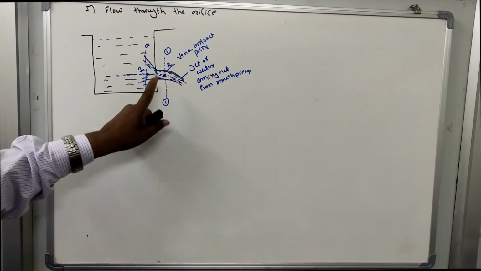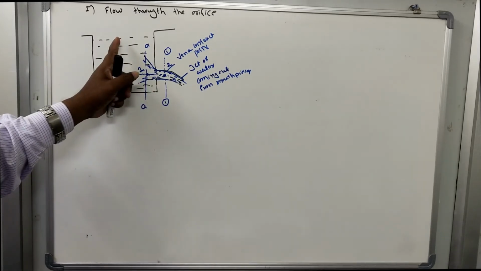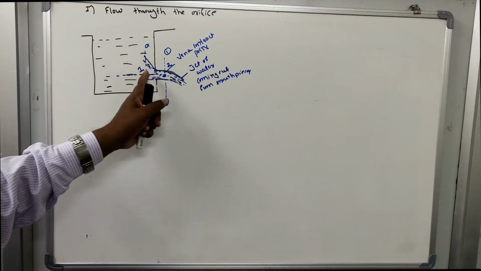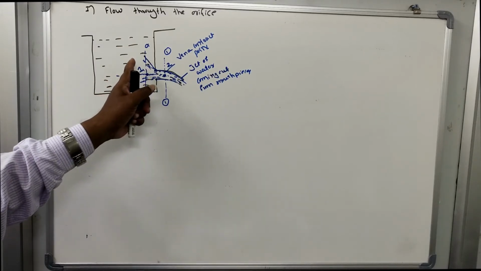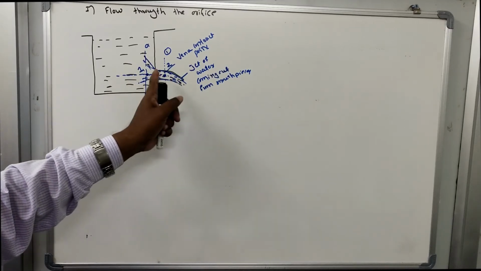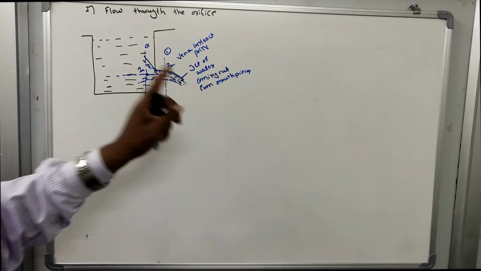Now, when the orifice is fitted at the side of the tank, the water inside the tank will try to come out through this orifice. Okay, so this is the jet of water.